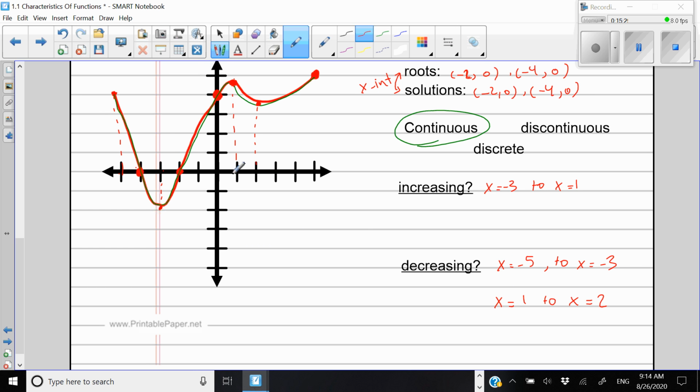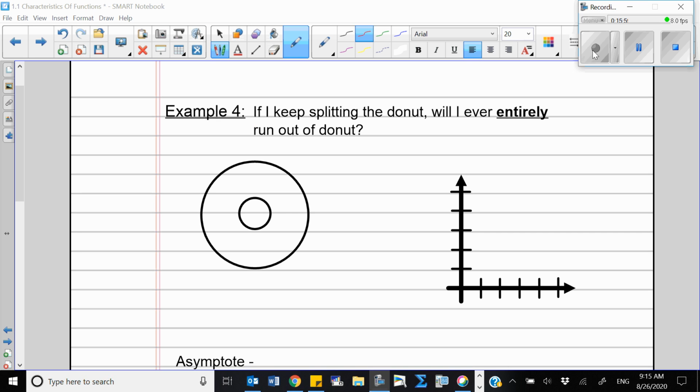From this point to this point, my function is decreasing. From this point to this point, my function is increasing, and so on. The last part, from here to the rest of the graph, is going up, so it's increasing, from x equal to 2 to x equal to 5. So that's about increasing and decreasing.